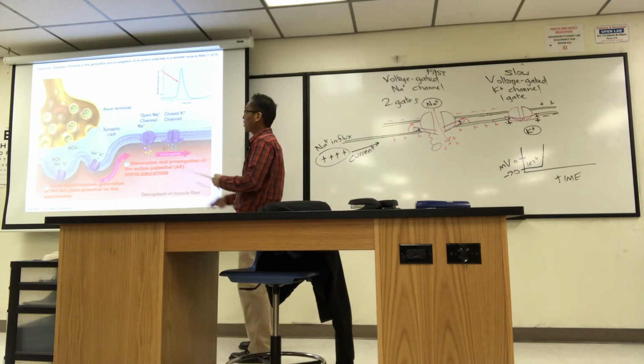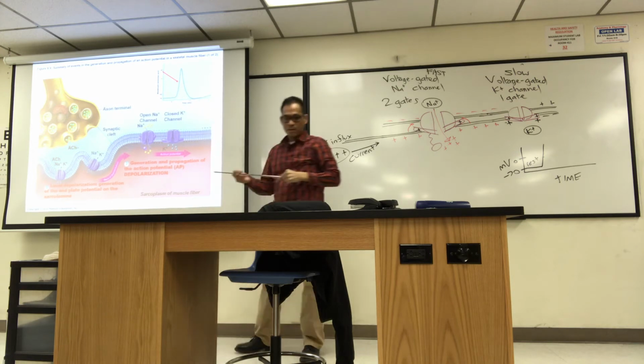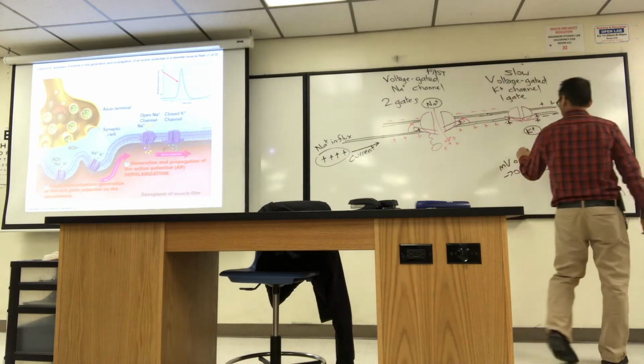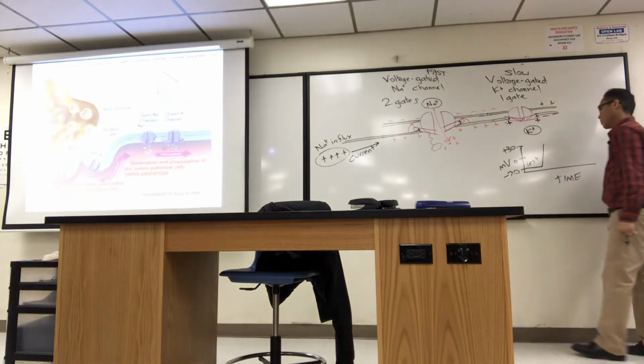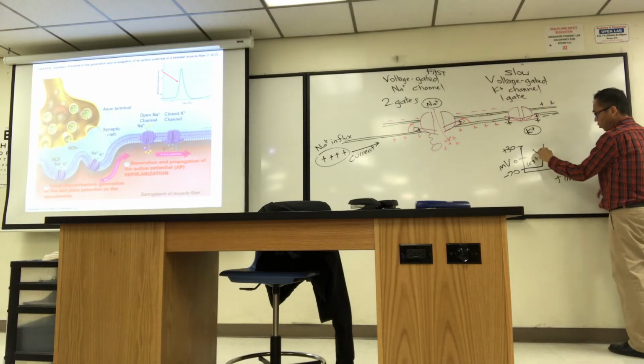I don't know if you can read that number. That says +30. So the inside is positive relative to the outside. So this side, I'm just going to put dipole.